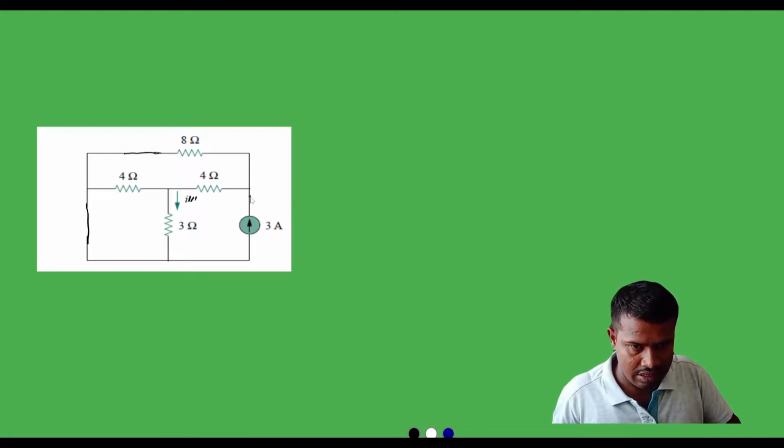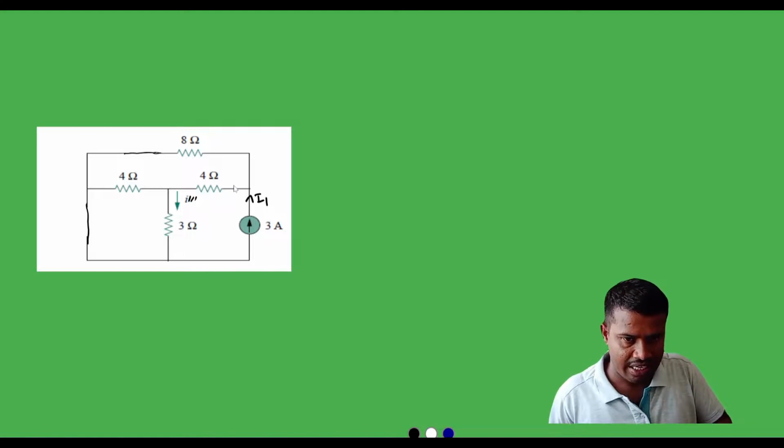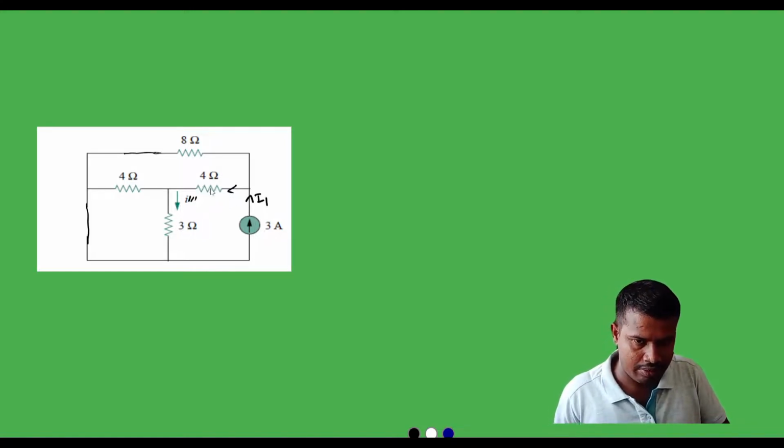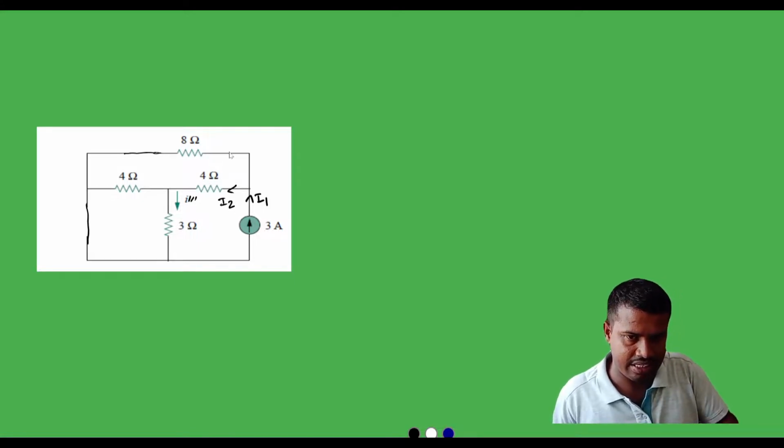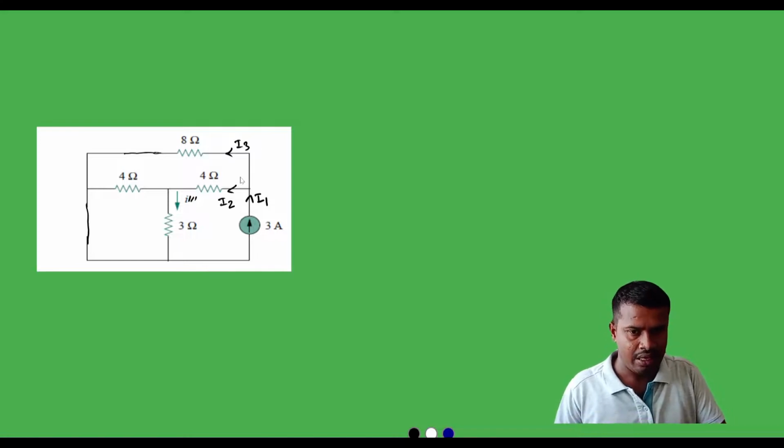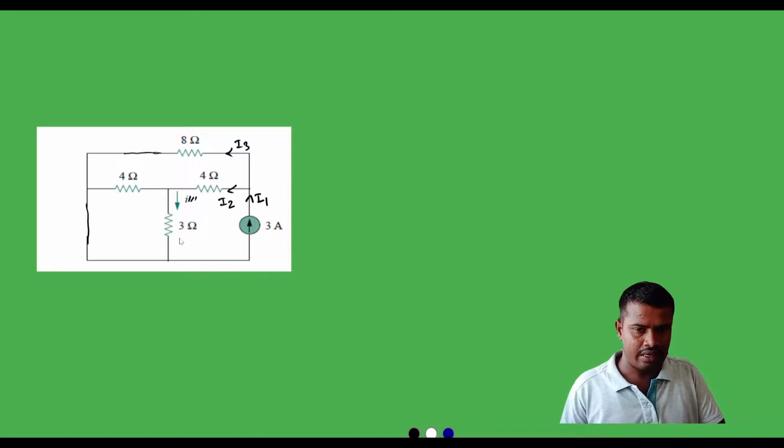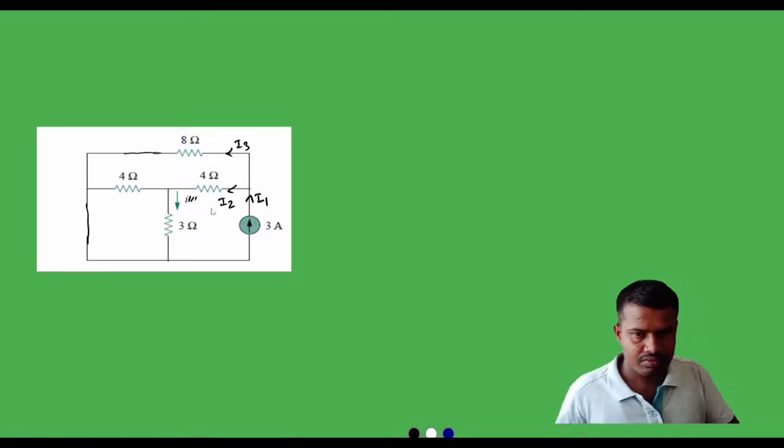The current source delivers the current, say this is I1, and when it flows through the 4 ohm, it will become I2, let us say, and let us say the current flowing through the 8 ohm is I3, and we need to find out the value of current flowing through the 3 ohm resistor. For that we need to mark the currents.